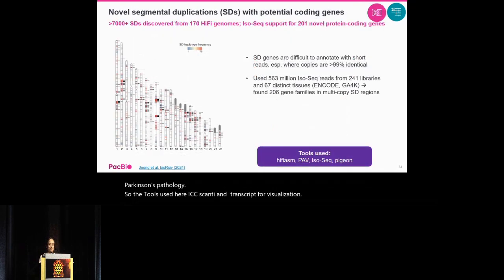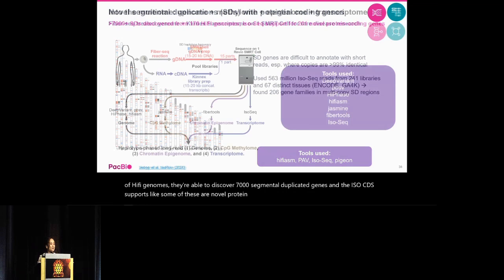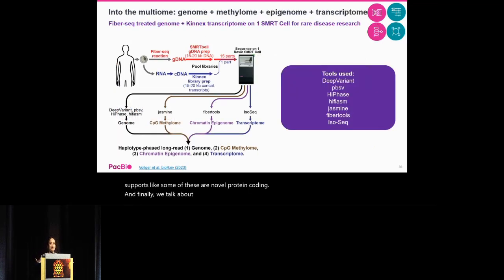Okay, 2 more slides. If we look at novel segmental duplications, this is looking across hundreds of HiFi genomes. They're able to discover 7,000 segmentally duplicated genes, and the Iso-Seq data supports that some of these are novel protein coding. And finally, we talk about multiomics. You have to combine the genome, the methylome, the epigenome, and the transcriptome. This is a wonderful preprint that I really encourage you to read if you want to see how to throw a kitchen sink at one rare disease patient.